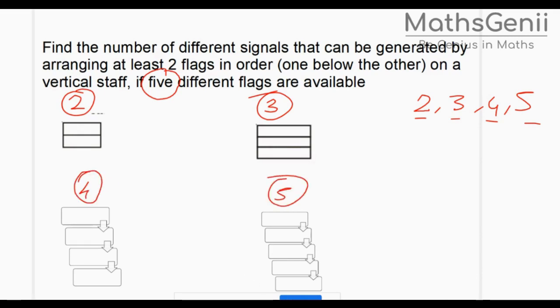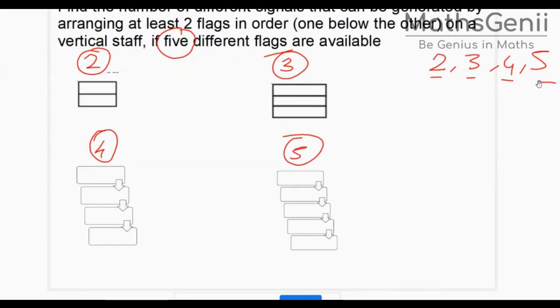Correct? Now how many flag options do you have? You have five flags option. For this, I can choose five, but one I have already chosen, so remaining options are four. Similarly for this, out of five, I'm selecting one, so four remain. Out of this four, I'm selecting one, three remain.